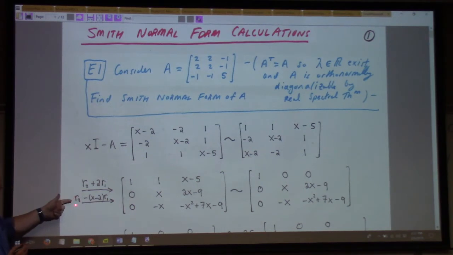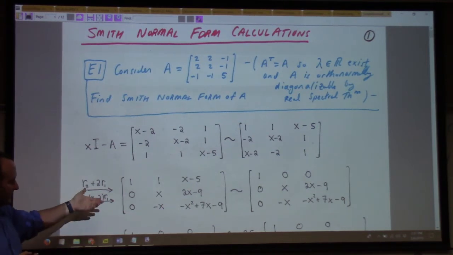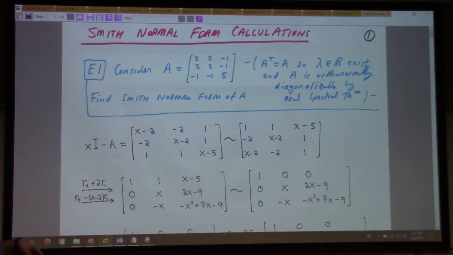Check this out. Row 3 minus (x minus 2) row 1. So these calculations are happening in the F[x] module. We're allowed to multiply by, well, anyway, so this is an allowed calculation in the F[x] module context here, and that gets us to this.